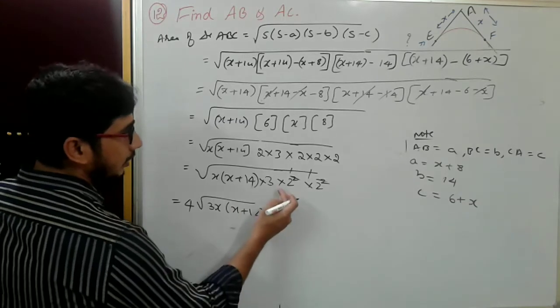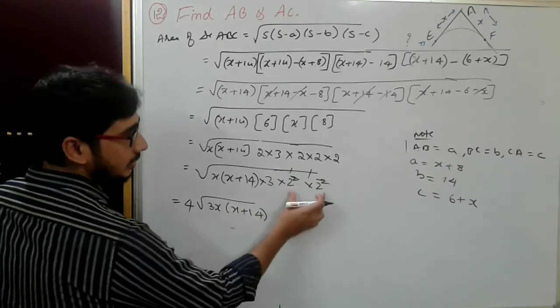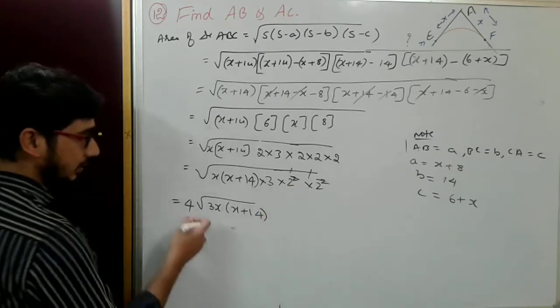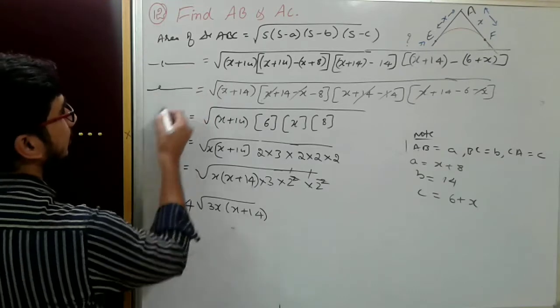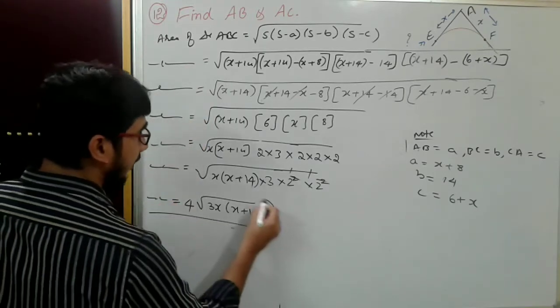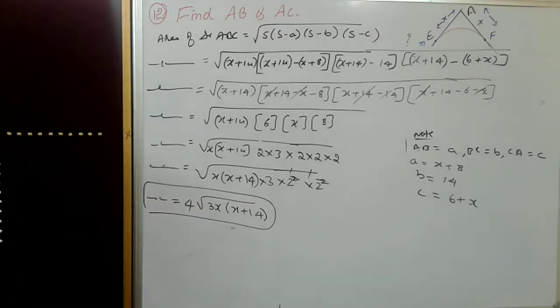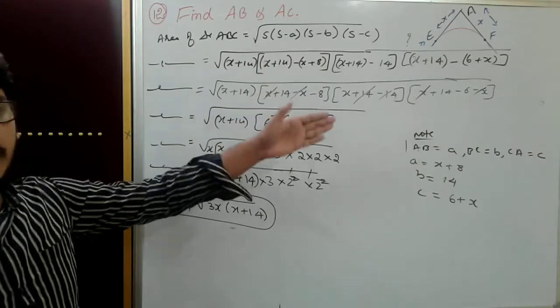Close the bracket. Now this square and root get cancelled, so these are independent now. 2 2s are 4, take it outside. This is the area of the triangle, complete area. Remember.